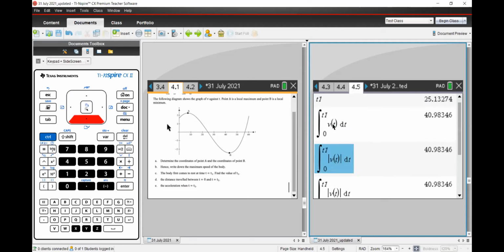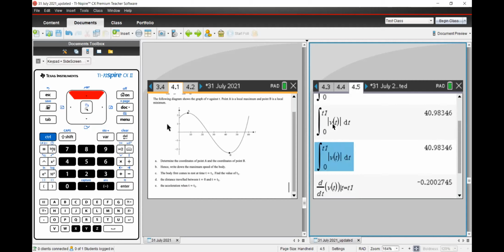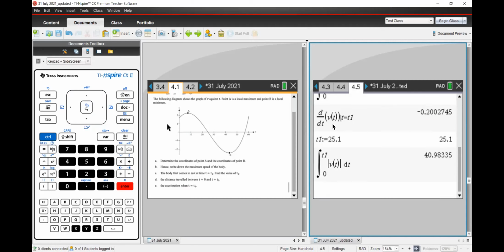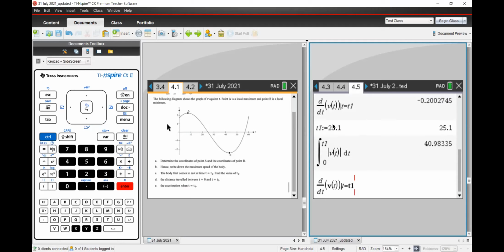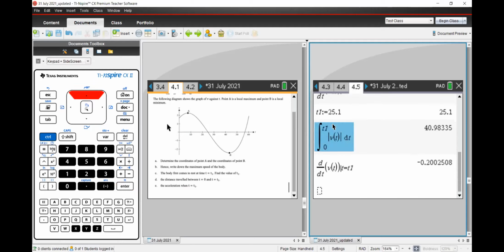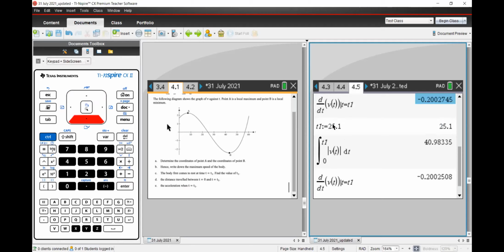The distance gives you 40.98335. Before it was giving you 40.98346. Not much of a difference. If we calculate acceleration, it's also not much of a difference. After 3, 4 decimal places, it's almost the same. So that also you can do.